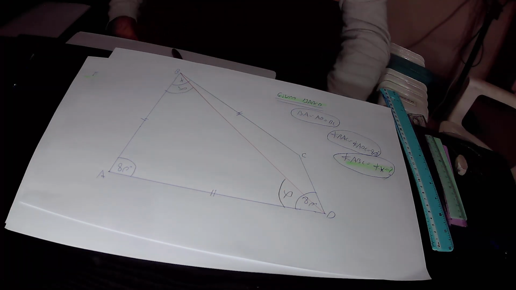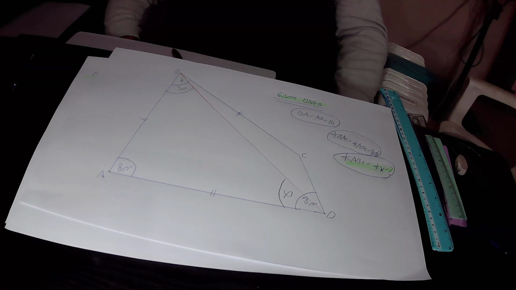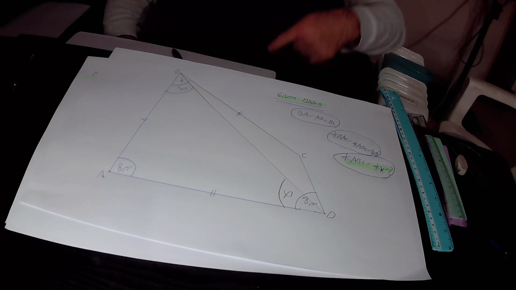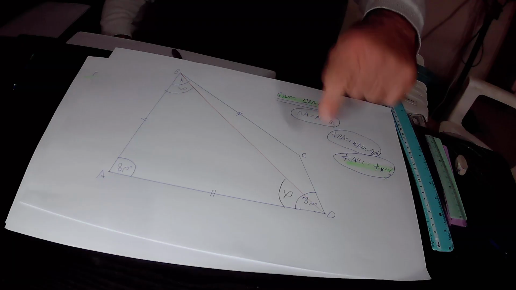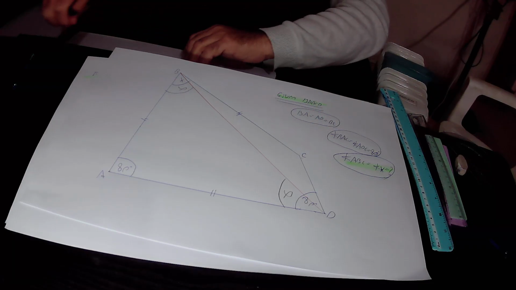You also know that the sum of the angles in any triangle is equal to 180 degrees. So the sum of the angles in triangle ABD is equal to 180 degrees.